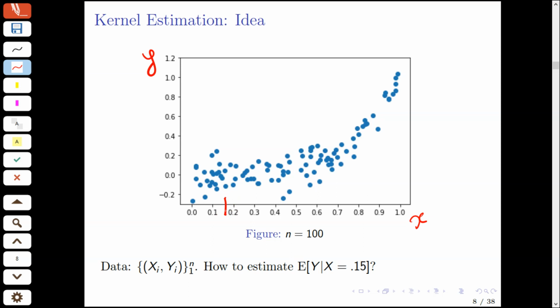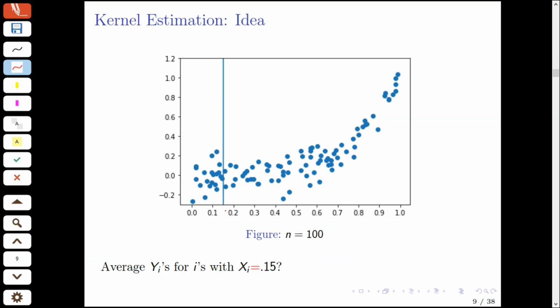Now, a natural way of proceeding would be to say, let me just locate the outcomes for the observations, or i's, which had x equal to 0.15. And since I'm looking for the conditional mean, let me just average over such y's, or such outcomes.